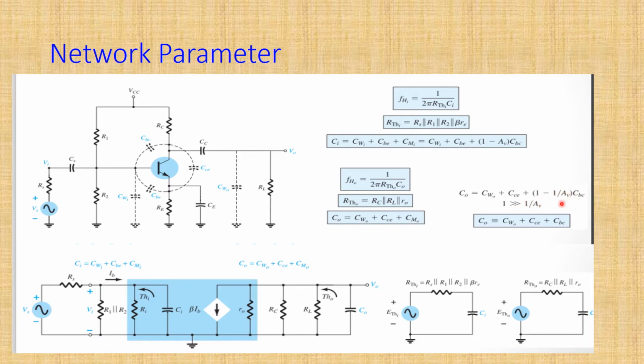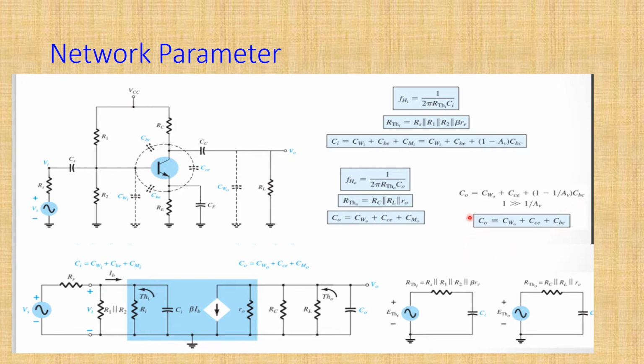Here it is expressed. Now this gain AV is almost equal to 1, so this particular factor will cancel out, and this whole term will reduce to CBC. Okay, so the Miller capacitance at the output is straight away equal to CBC.